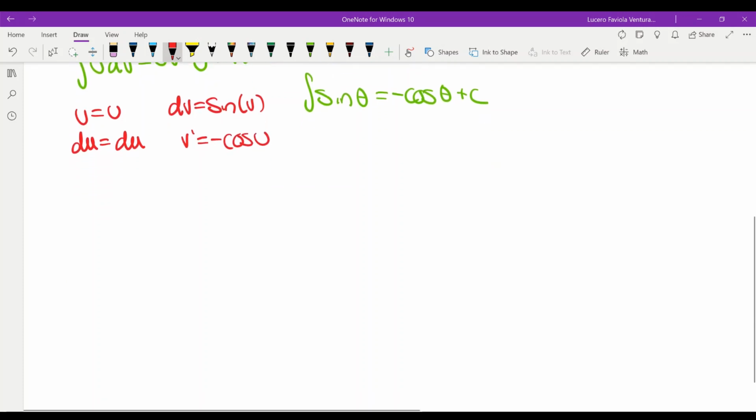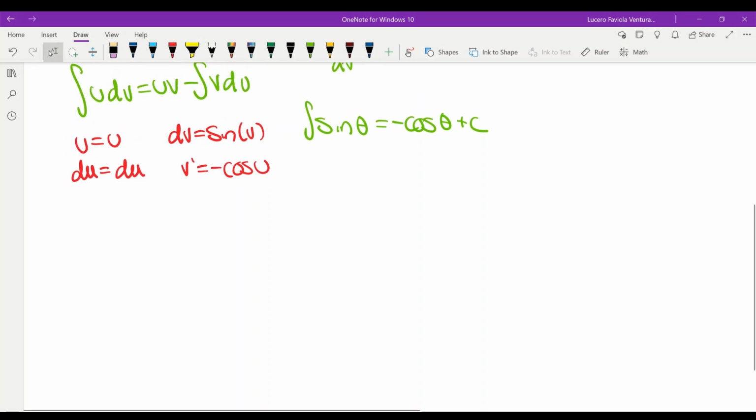And then we plug it into our formula. And we multiply u times v, or in this case, u times negative cosine u minus the integral of negative cosine u times du.